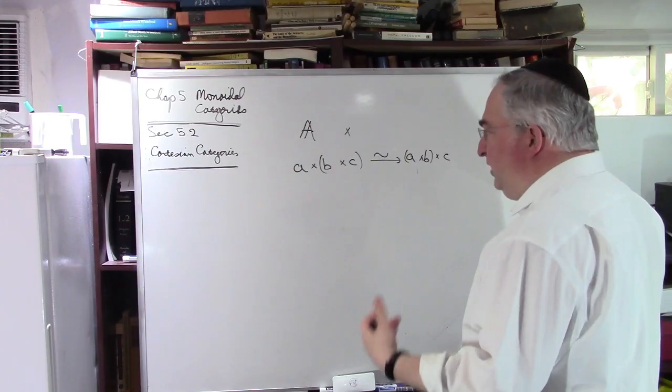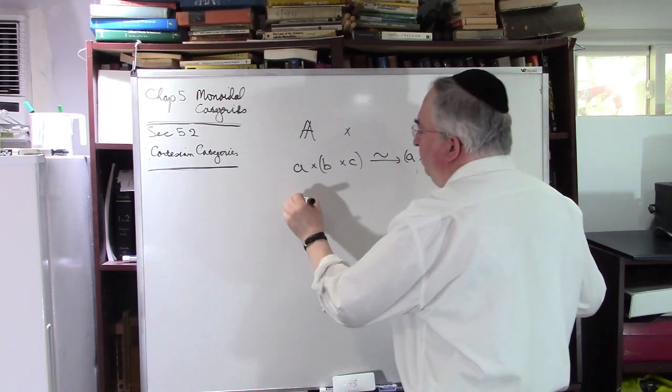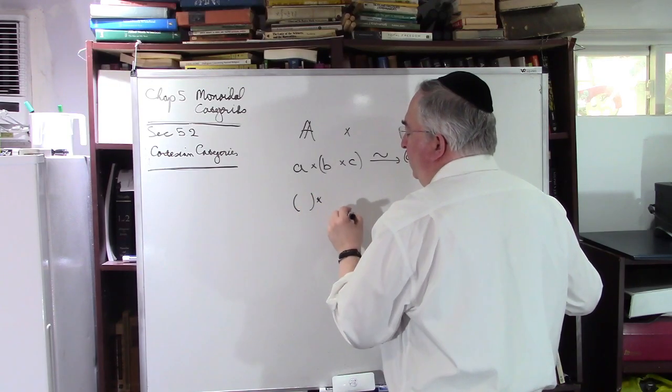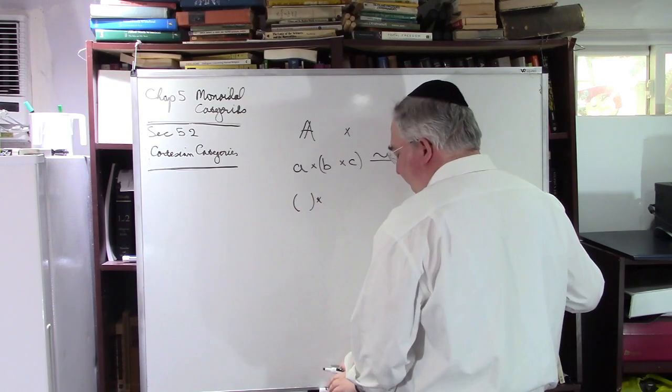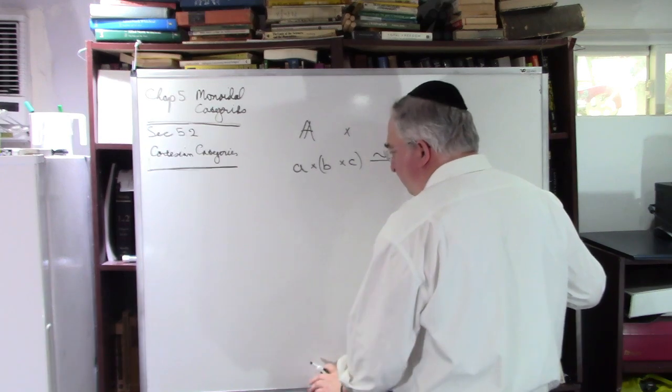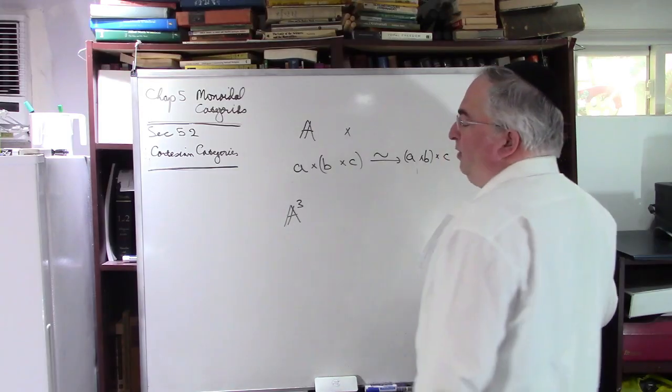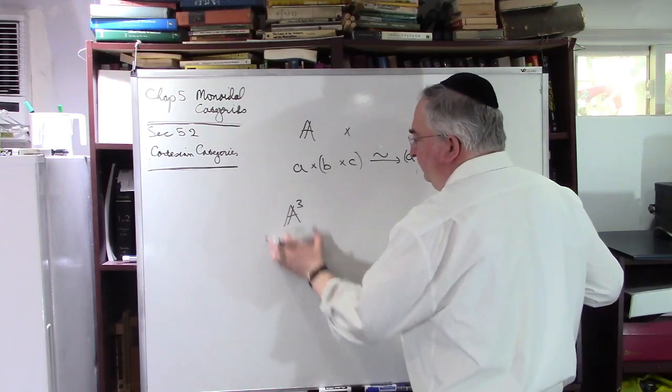To be clear what we mean by an isomorphism, let's write it another way. Here's a category, A cross A cross A.